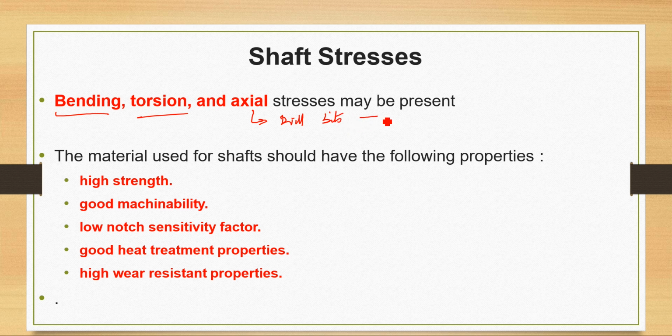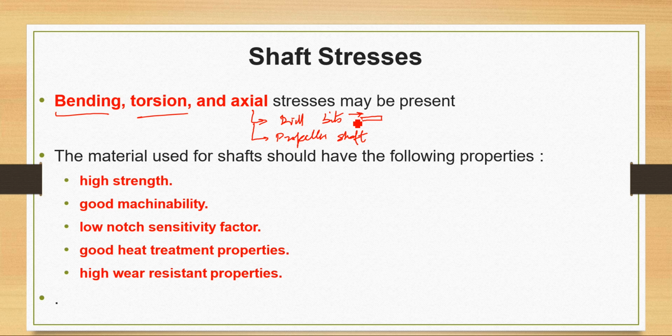In a drill bit, a force is applied axially to the shaft. Similarly, the propeller shaft in ships experiences axial loading. But these are very specialized applications. Generally, in most applications, a shaft experiences bending and torsional loads.